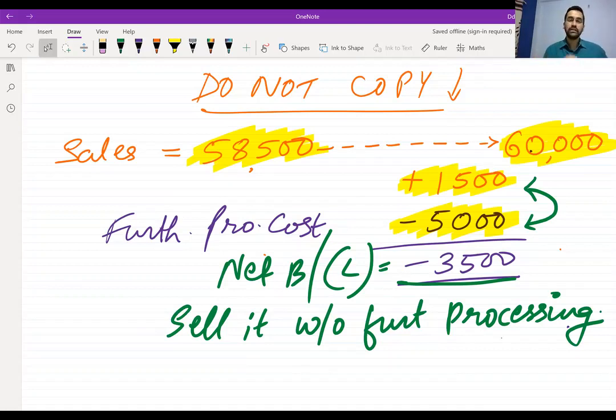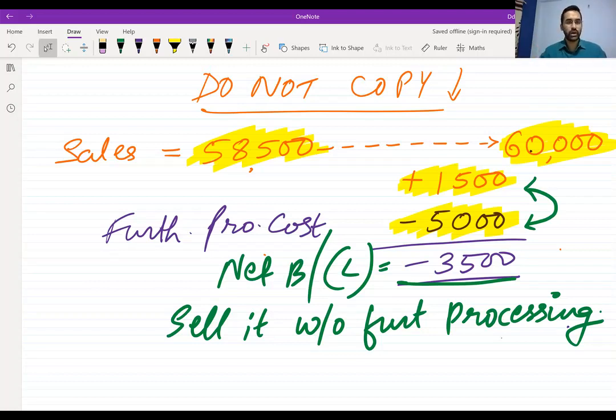But here they said whatever the total is, just distribute it between A, X, and Y. So it looks more like rent, a common expenditure that will just get distributed. Tomorrow, if you stop X, what will happen? Stopping X means you will only stop further processing X. You have already done the joint activity. Suppose you decide to sell X at the split off point only, then also the cost will get transferred between A and Y. As a company as a whole, I will still be incurring the cost.